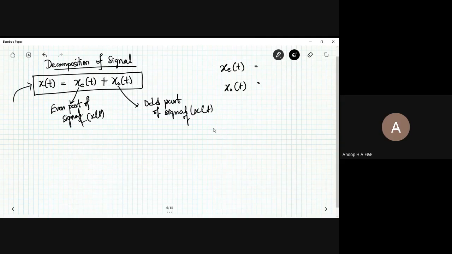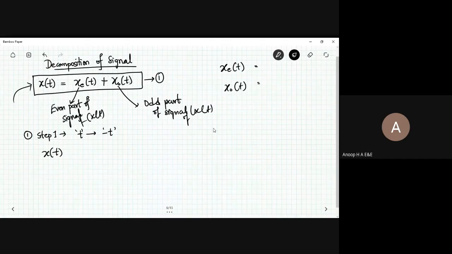So step one, you need to change t to minus t there, and see what you are going to get in the above equation. This equation is called equation 1.